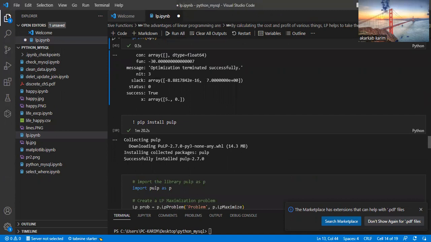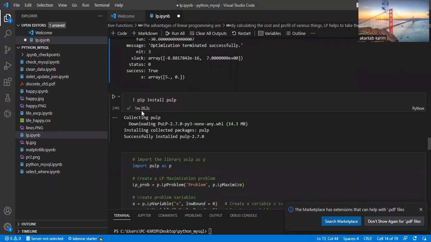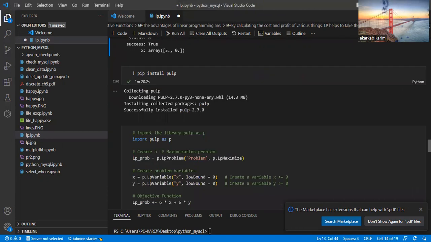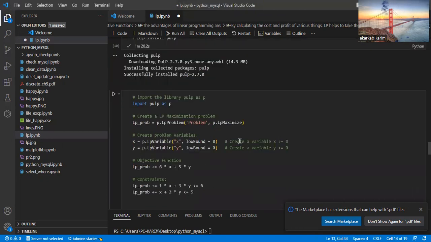So also we have another package, I found it just randomly. It's called PuLP in Python. It can program and maximize.